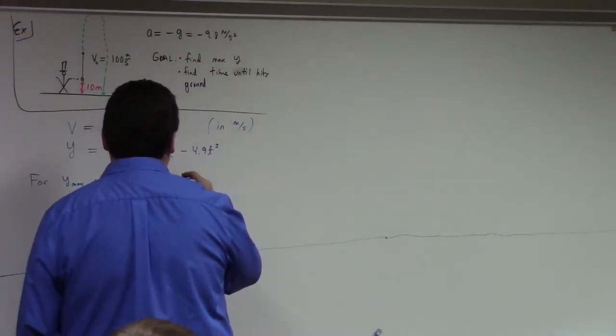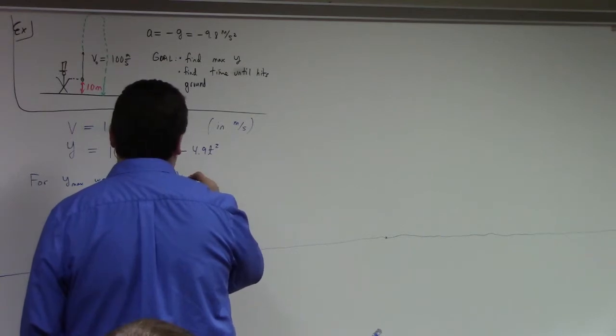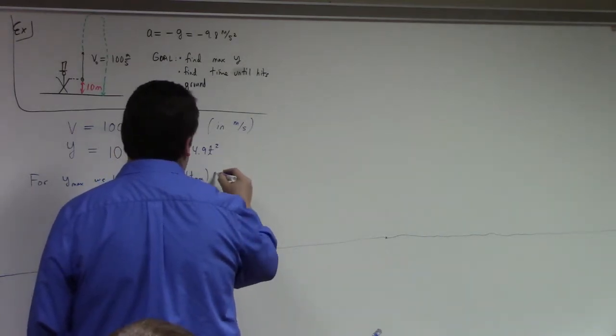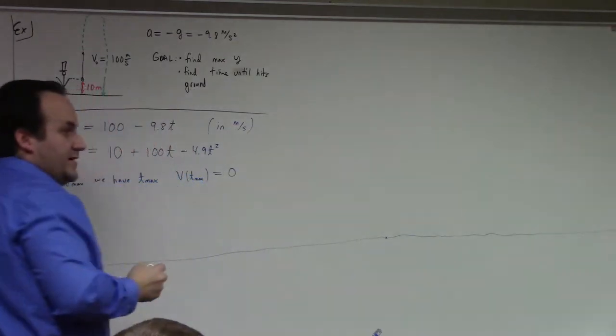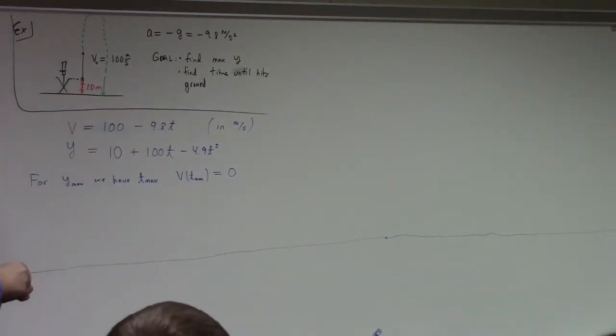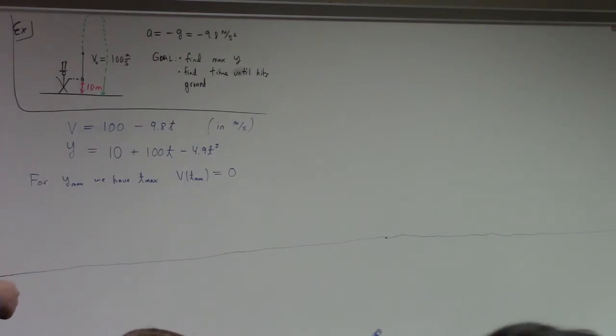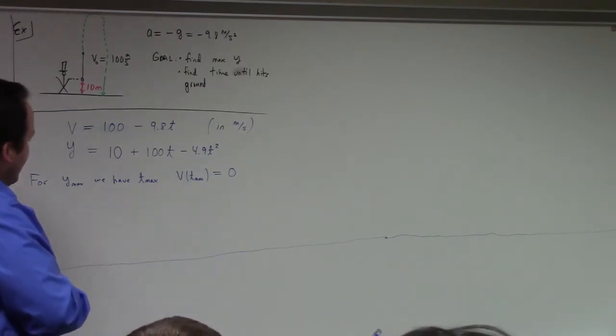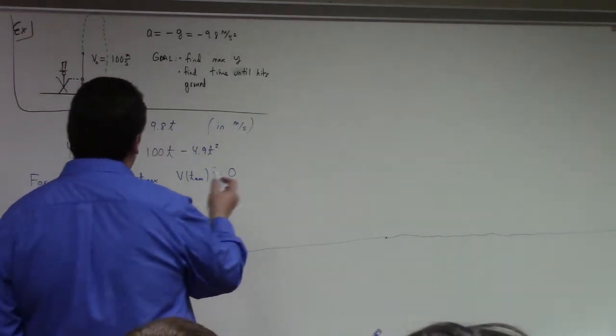The velocity at the time of maximum height is 0, right? What comes up must come down. When the y velocity is 0, that's when you're at the maximum height. Of course, we could derive that with calculus. Don't worry, I will do calculus. I will not disappoint. But we don't need to do that here.